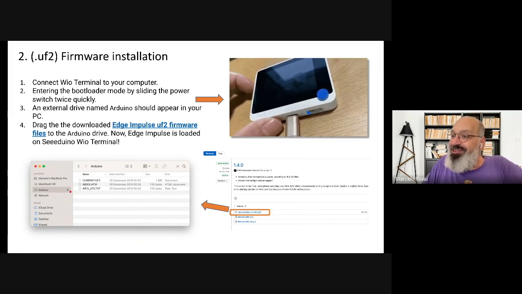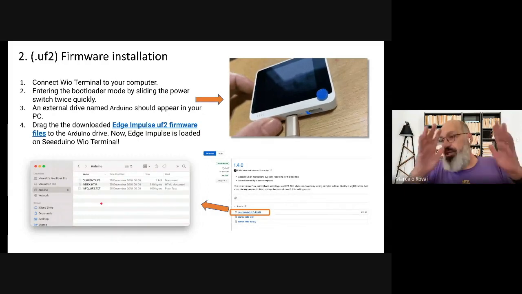And when you have a drive here, you take the file that you downloaded to your computer and drag the file to the device, and that's it. Your device will be ready to be connected to Edge Impulse using WebUSB. So in this case, you go straight without installing the Arduino CLI.